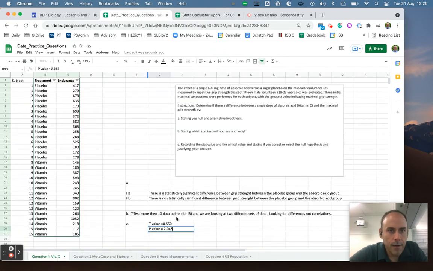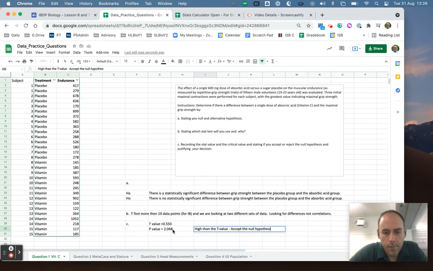At p equals 0.05, because this value is higher than the t-value, we accept the null hypothesis.